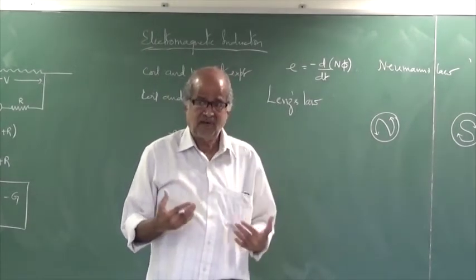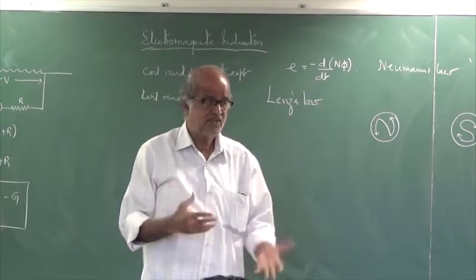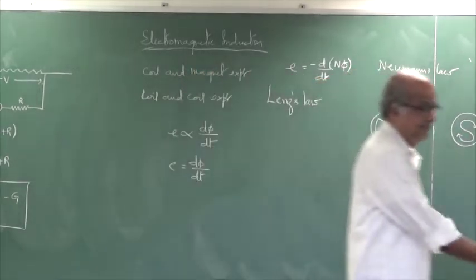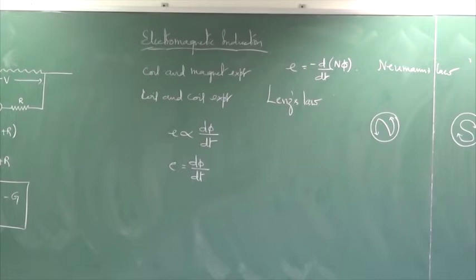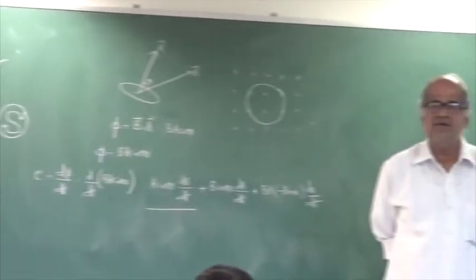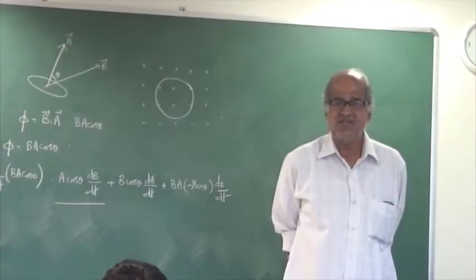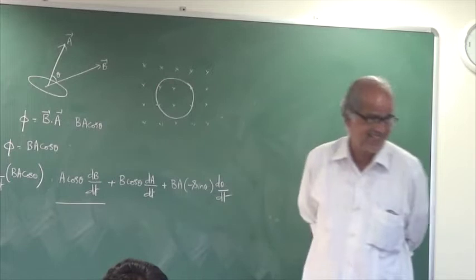The next question is, how do we know that an EMF is induced in the conductor? To know whether there is EMF induced in the given conductor, you have to search for the presence of current in that, isn't it?